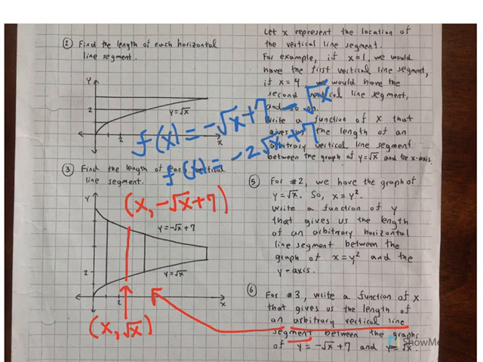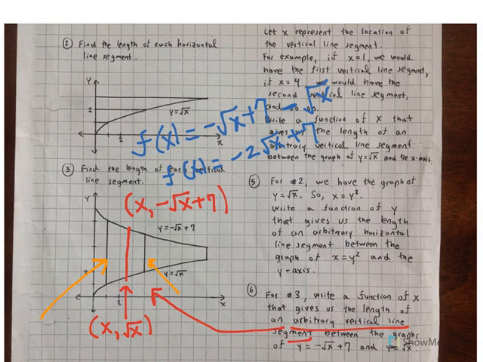And let's test this out for the 3 particular vertical line segments that we looked at in number 3, where x was 1, 4, and 9. So when I substitute 1 for x, I am looking at this vertical line segment, and I will have f of 1 is equal to negative 2 times the square root of 1 plus 7, which is equal to 5.